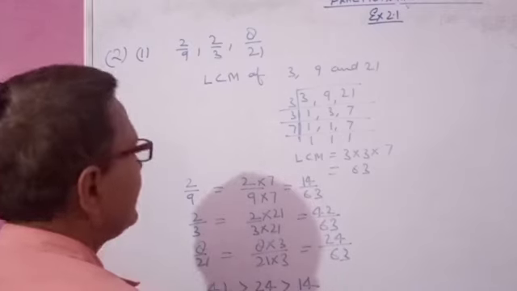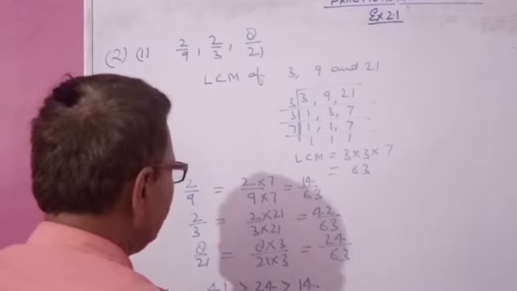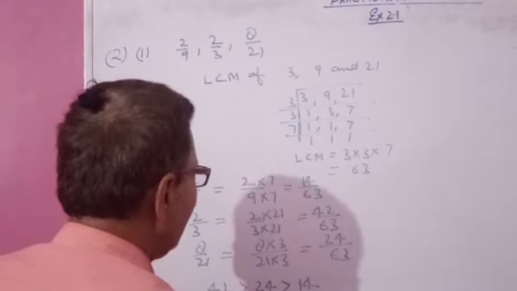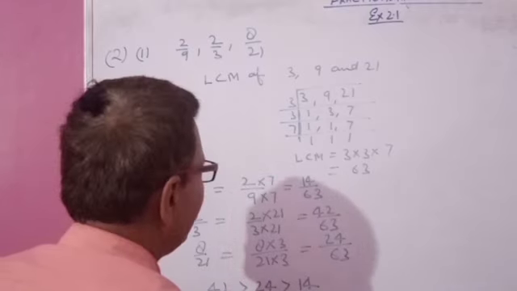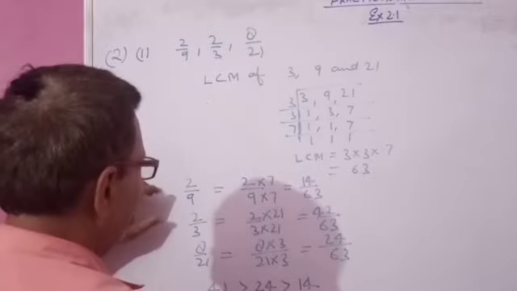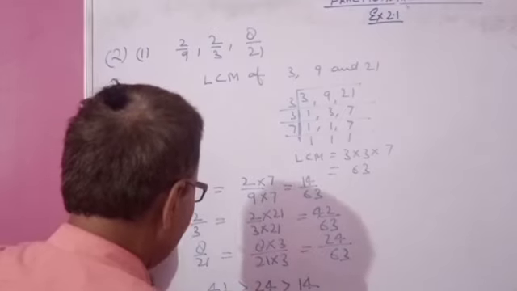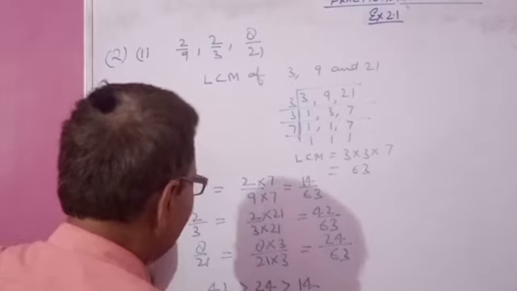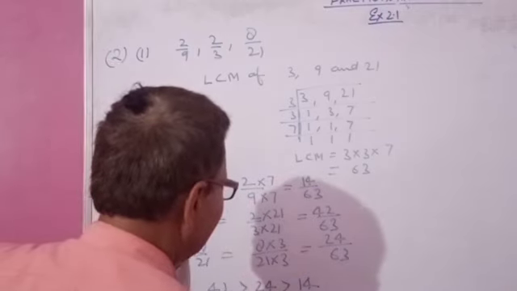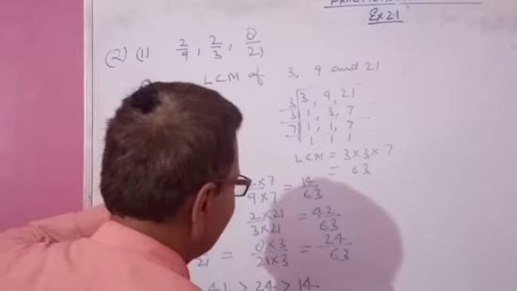So in descending order, first we will write the greatest, 42 upon 63. After that 24 upon 63. After that 14 upon 63. Now we can write the original numbers: 2 upon 3, then 8 upon 21, and this is 2 upon 9.